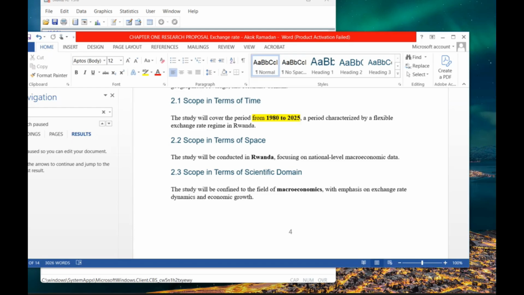But if we don't have like 25 years, for example, the exchange rate. I don't know if the exchange rate of Rwanda is up to 25 years. My question is, if we don't have 25 years, what do we do now?